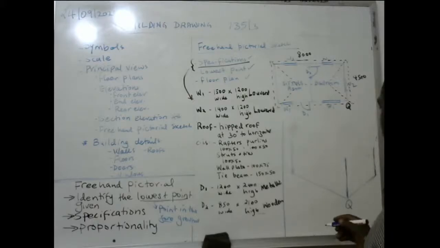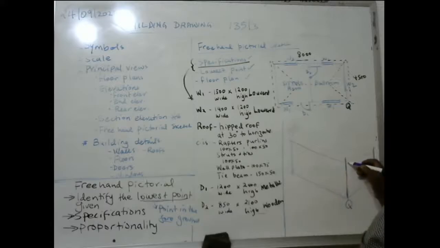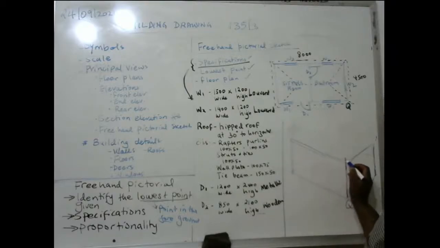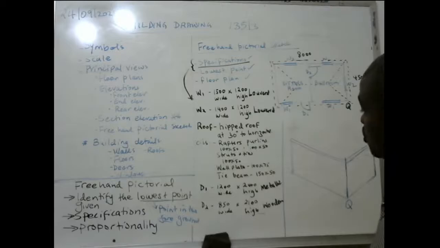So, when you develop the freehand pictorial, again, because this is a building, you keep improving it. Try to create what we call a building there. Then this one here is likely to be the ring beam. We call it the ring beam.